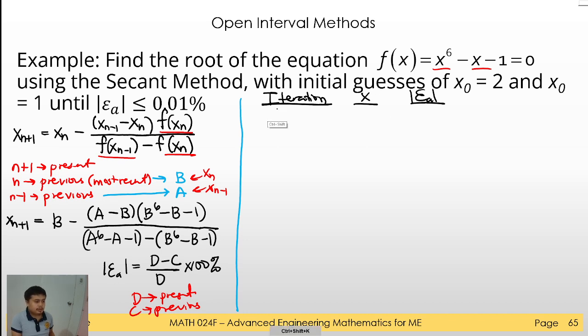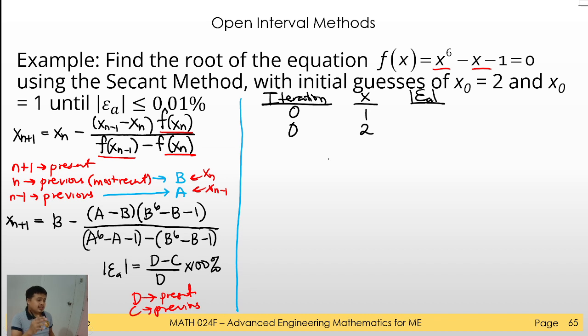percentage approximate error. So for the zeroth iteration, basically just the initial guesses. Actually, we have 2 initial guesses, so we have 2 zeros here. You can do this as 2 and 1 or 1 and 2, depends on you.